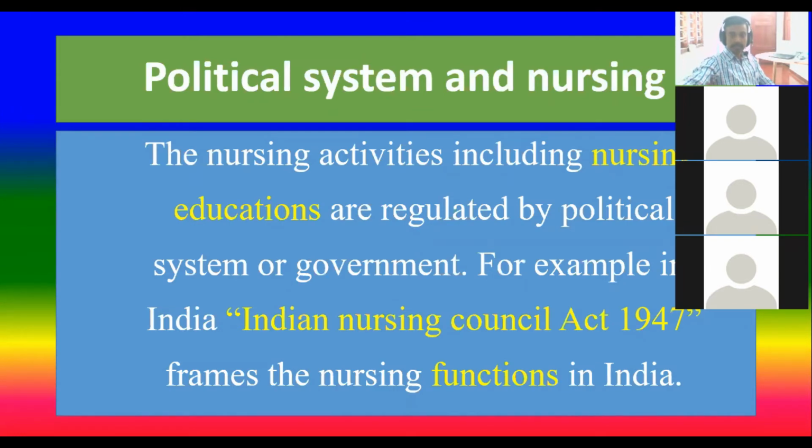Indian Nursing Council Act 1947 defines the functions of nursing. Not only clinical nursing, but mainly nursing education is controlled by this legislation. So the government is a pivotal agency that promotes nursing services.